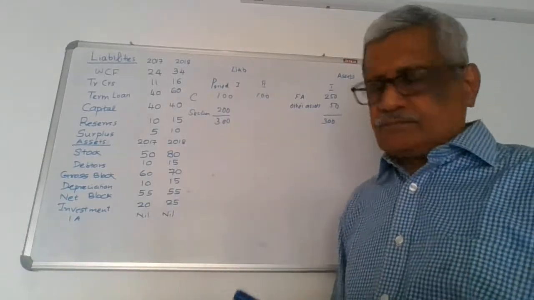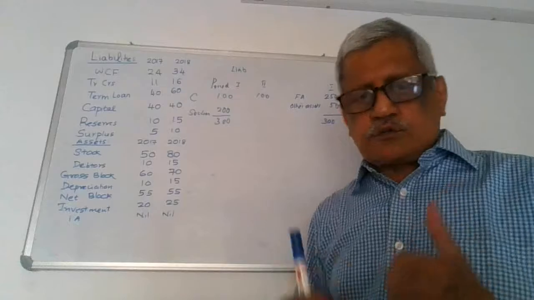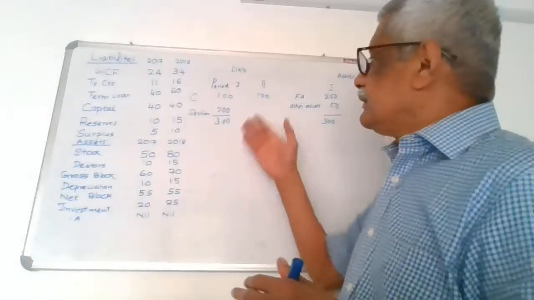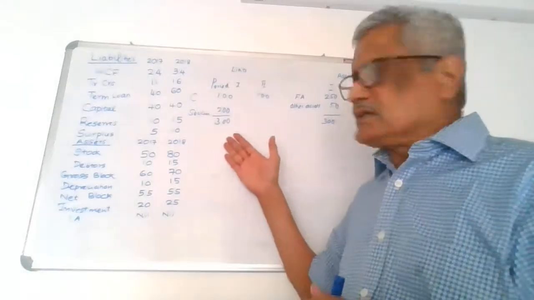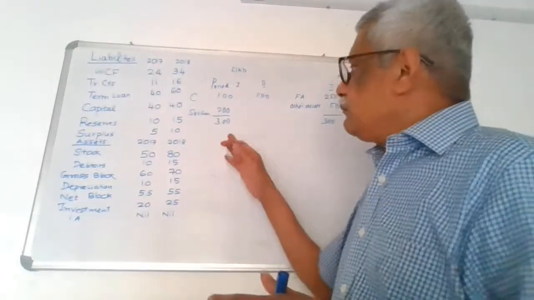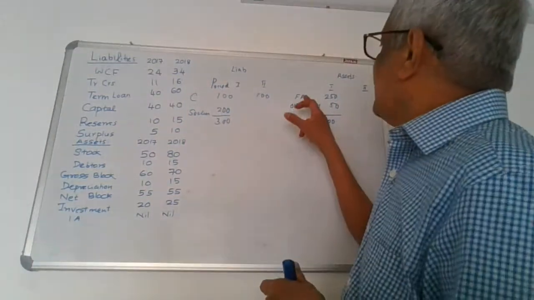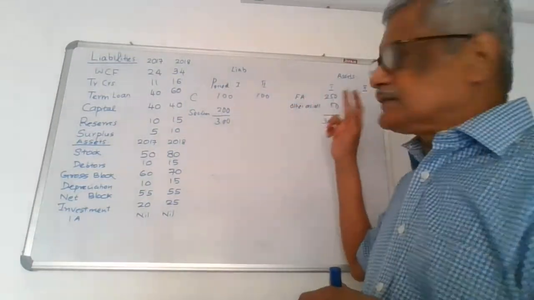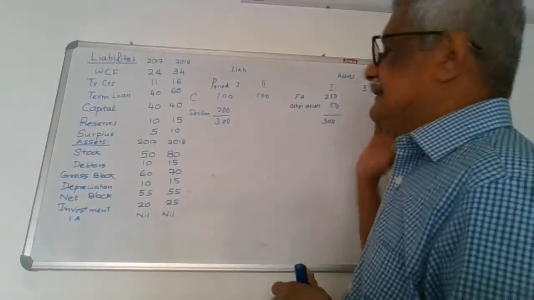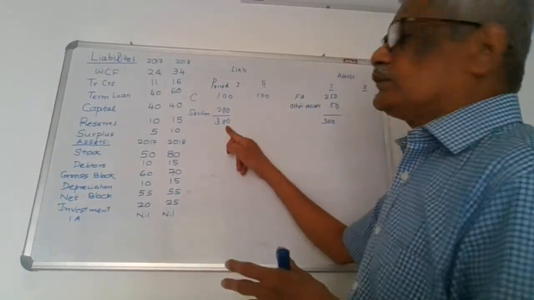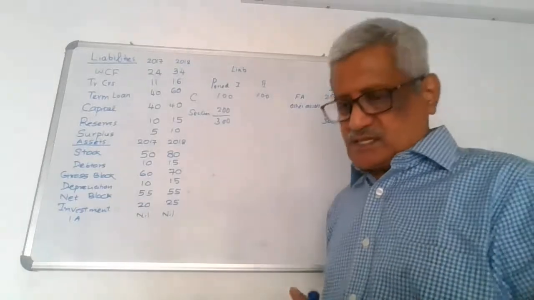So during period 1, I have two sources. One, the capital, which was 100, and I also availed a secured loan from the bank, 200, making my total sources 300. What I have done with the money is, I have made an investment in fixed assets to the tune of 250 and in other assets 50. So the sources tallied with the uses.